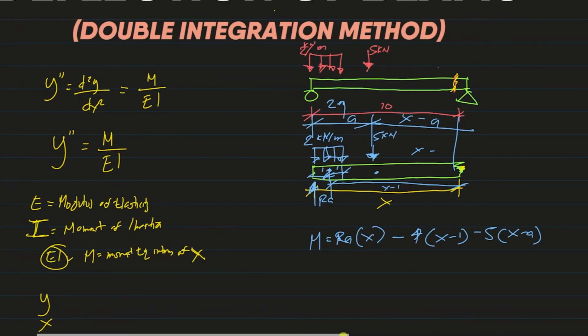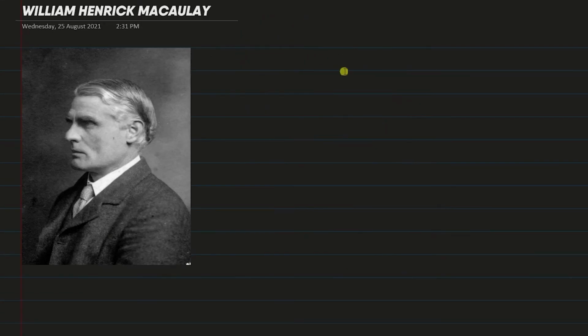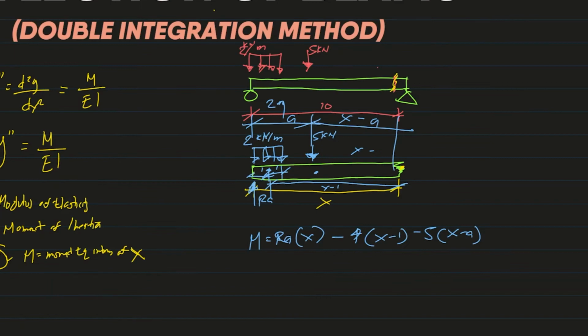Now, let's go and focus dito, mga bis. This will be our moment equation. Now, there is a certain rule which was introduced by Sir William Henry Macaulay, which would help us a bit, no? Malaking tulong to in solving double integration method.